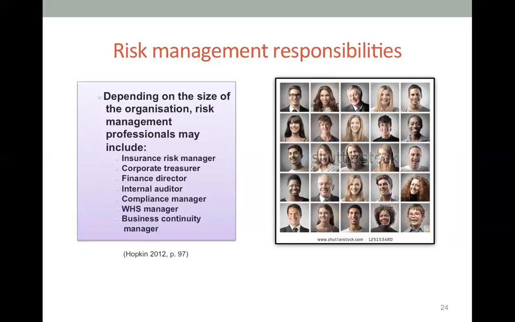Some organizations have their own insurance risk manager, or corporate treasurer, or finance director, internal auditor, and so forth. And I believe everyone is aware that some organizations also have a WHS manager, for instance, who is in charge of WHS risk management.